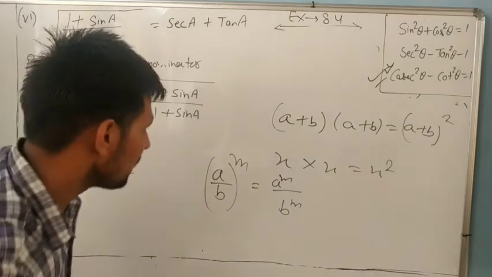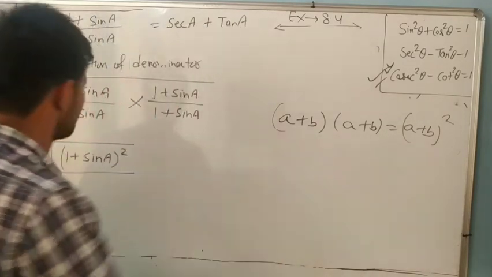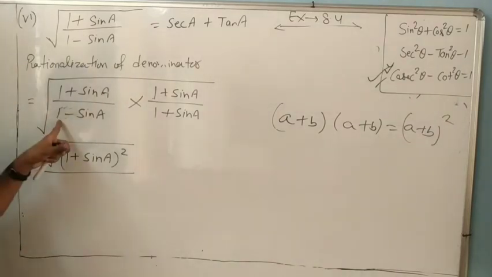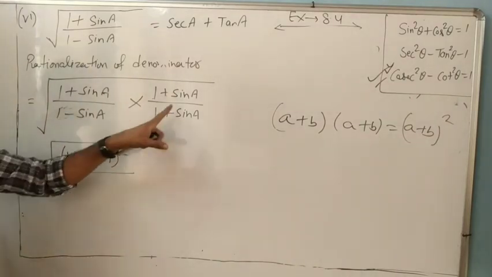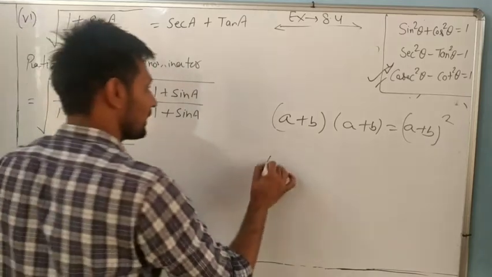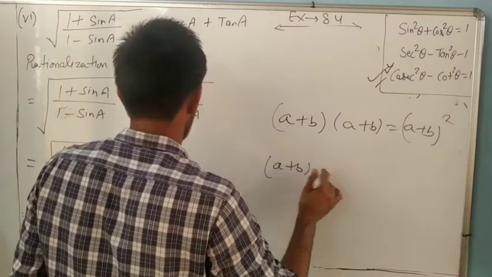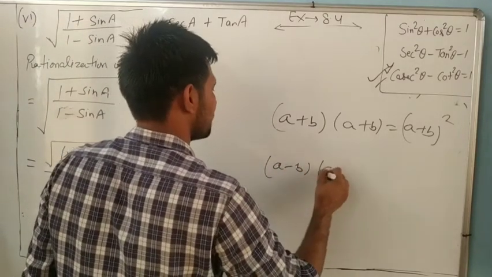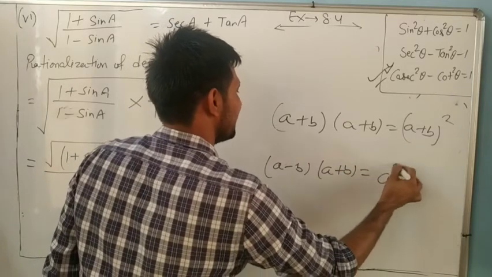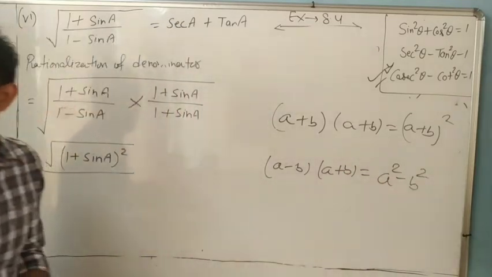Now we will write. Observe that dear. a minus b, a plus b, it is a square minus b square.